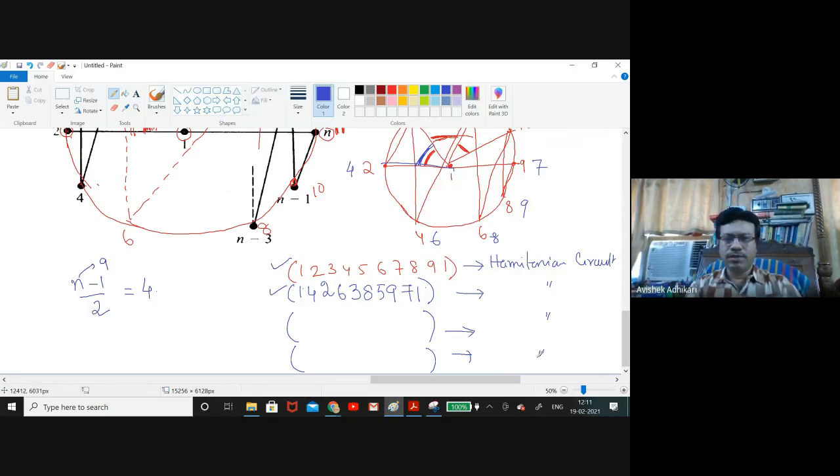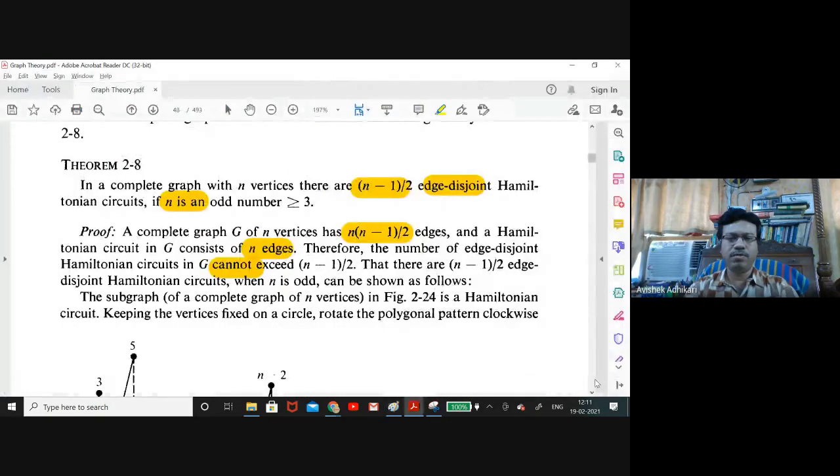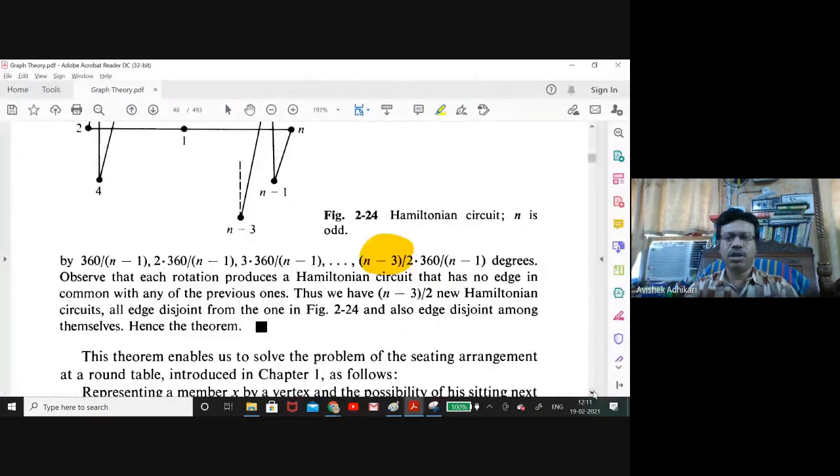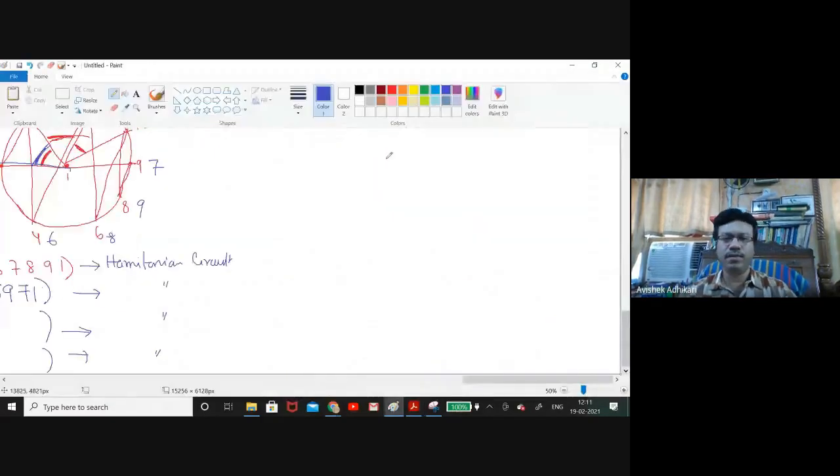But the most interesting part here is that there are huge applications in real life. So there is a problem called the traveling salesman problem. So let me try to explain. Suppose we have four cities. Say this is Delhi. Suppose this is Mumbai. Say this is Chennai, and say this is Kolkata.